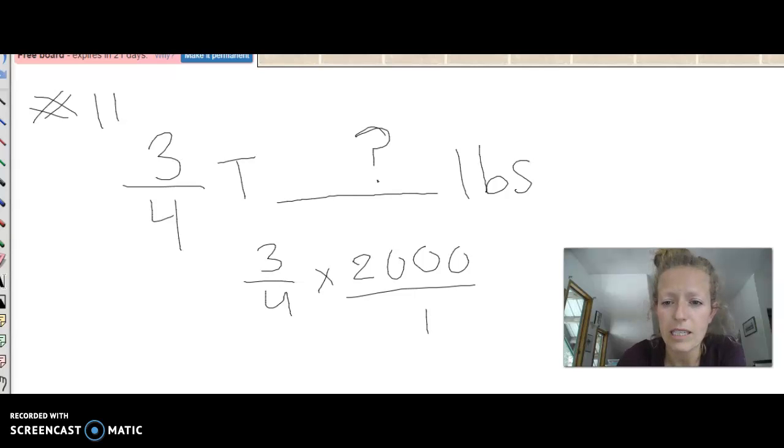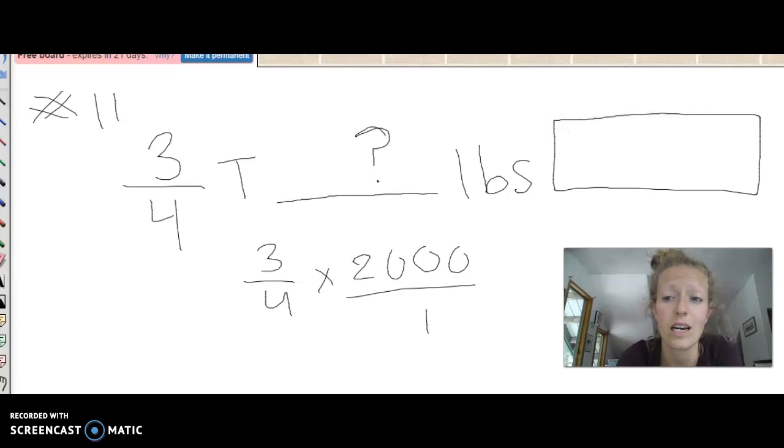But I want us to stick to the way that we're able to visualize fractions. So I'm going to draw my box again. And this box is equal to 1 ton. 1 ton, we know, is equal to how many pounds? 2,000, that's right. So this box is equal to 2,000 pounds.